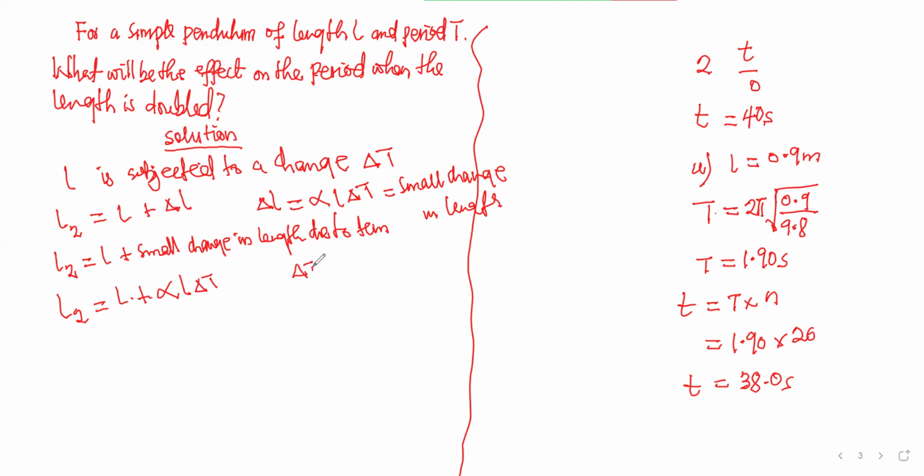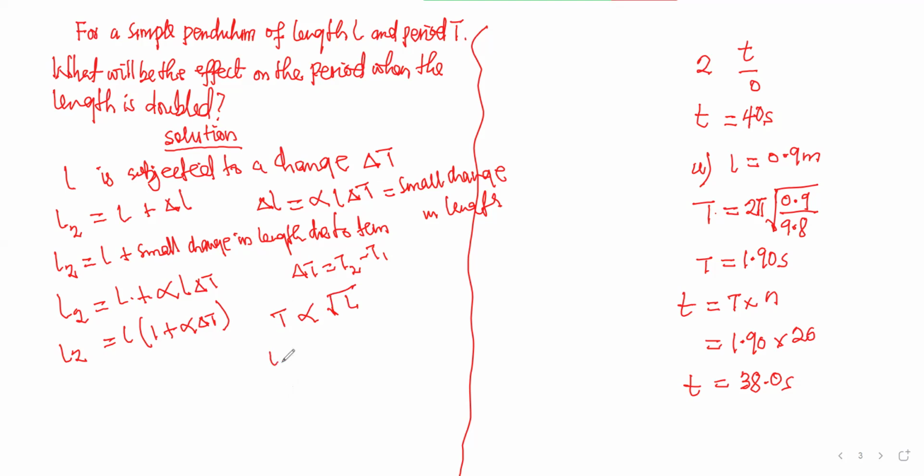Change in temperature here is equal to final temperature minus initial temperature. Therefore, this is the expression for the new length. So when the temperature changes, the length would also change. And we just noticed that the period is directly proportional to the square root of the length.